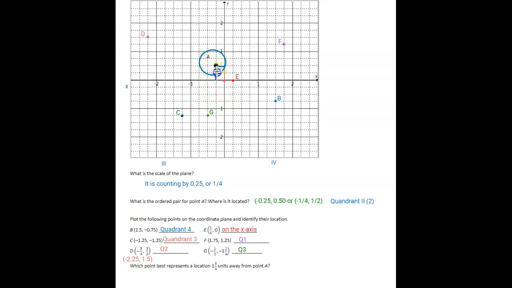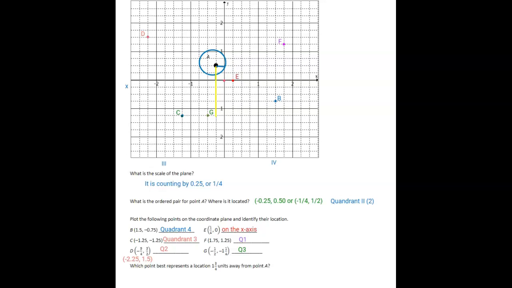If I go down 1/4, 1/2, 3/4, 1, I'm at 1 whole now, 1/4, 1 3/4. So G is going to be the point that is located 1 3/4 places away. D would have been too far.